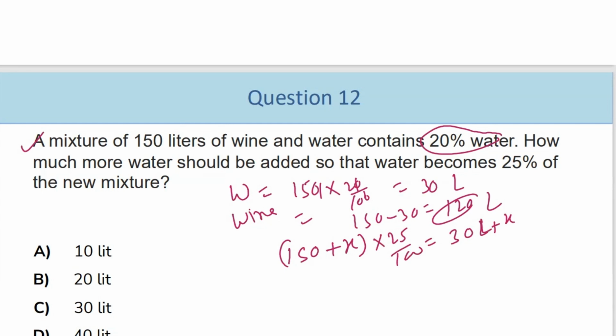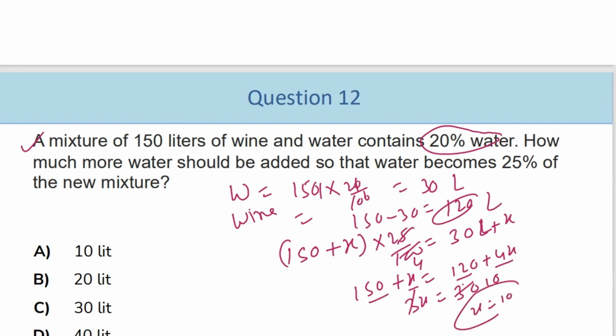Now we can solve this question. 25 by 100, so we get 150 plus X equals 30 into 4, that is 120 plus 4X. Solving, X and 4X differ by 3X, and 150 and 120 differ by 30. This cancels out and you get X equal to 10 liters. Right answer.